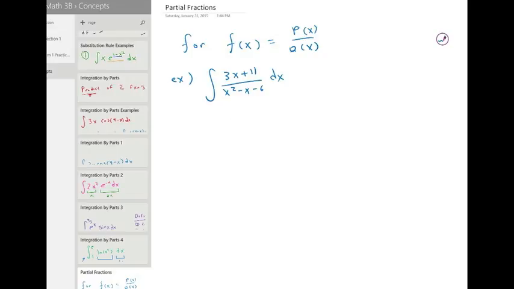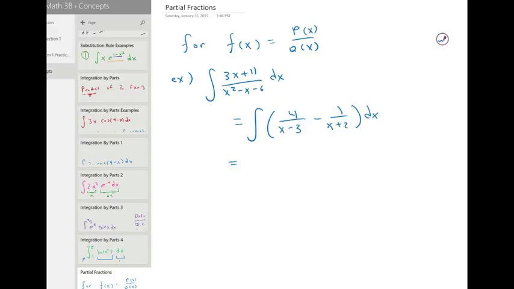To show you how this is going to end up, you can actually separate this into two different terms: 4 over x minus 3 minus 1 over x plus 2 dx, and from there these are pretty simple to integrate.